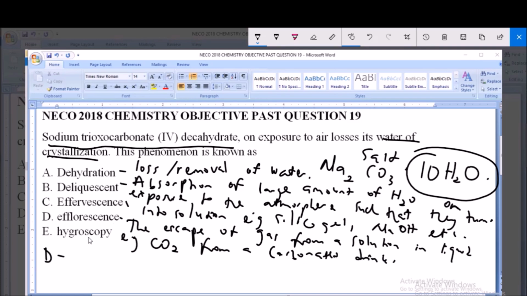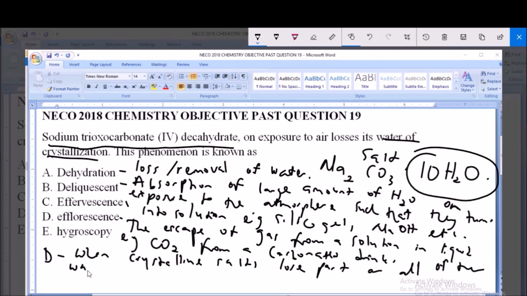Option D, efflorescence, refers to when crystalline salts lose part or all of their water of crystallization on exposure to air, such as what is seen in Na2CO3, that is sodium trioxocarbonate 4-decahydrate.